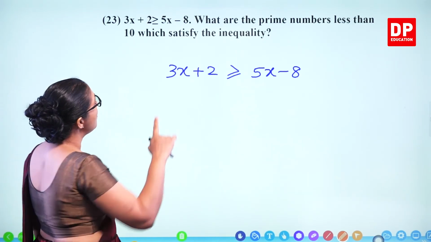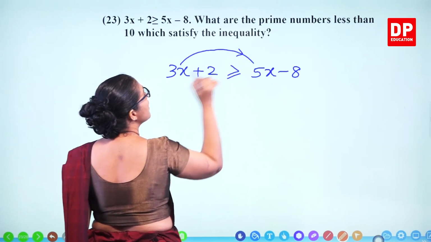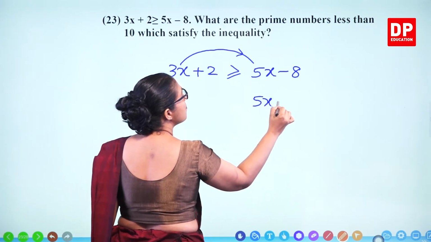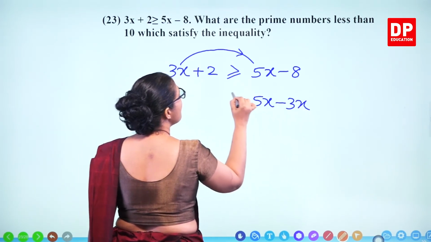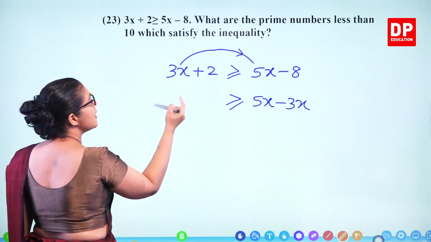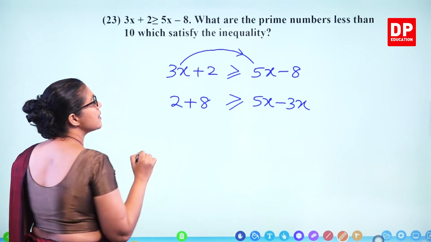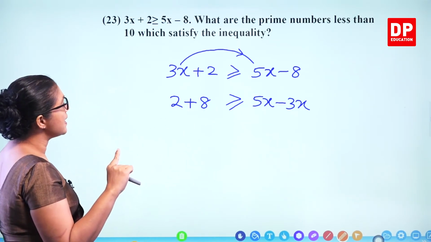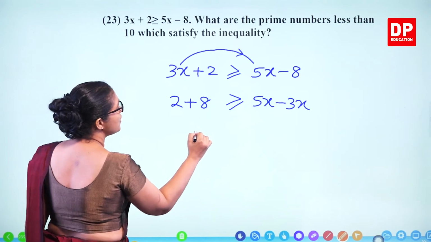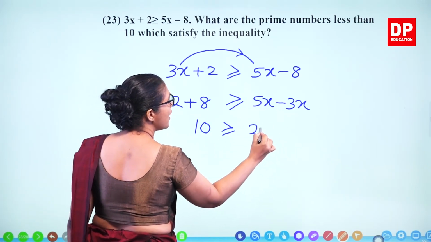Here we can take 3x to this side because 3 is smaller. So 5x minus 3x. Then minus 8 you can take to this side, so 2 is already there, plus 8. Minus 8 becomes plus 8. So 8 plus 2, that's 10. 5x and 3x becomes 2x.